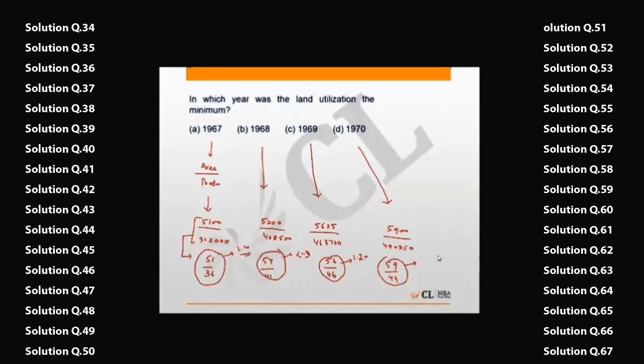And if you compare these two, 56 by 46 and 59 by 49, there's an increase of 3 in the denominator, increase of 3 in the numerator. Hence, since it is an improper fraction that is greater than 1, you'll find that 59 by 49 is going to be less than 56 by 46. Hence, among these four choices, the choice D is going to be the least.